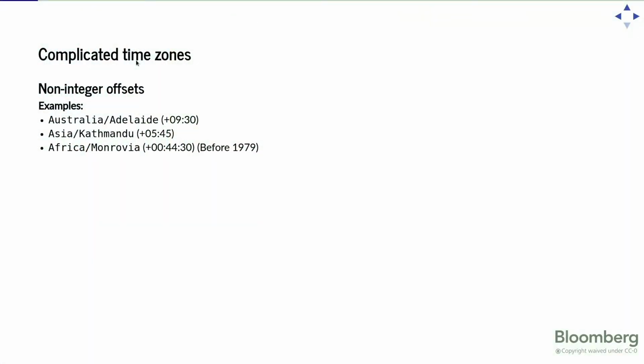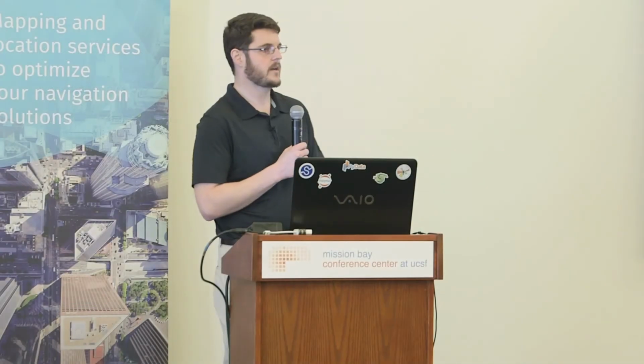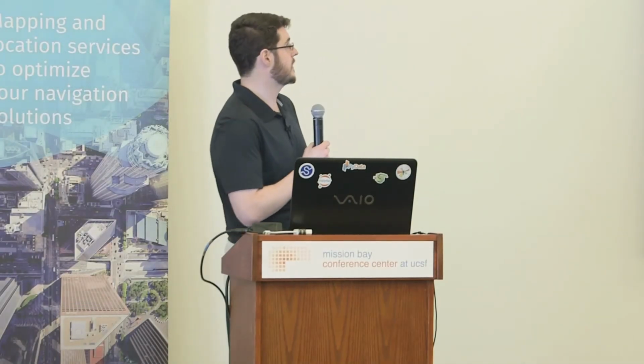All right, now this is probably everybody's favorite part, where I go through all the crazy things that people get up to with their time zones. We'll start off slow with non-integer offsets. You've probably heard about these. There are places in Australia with offsets that are half an hour off from UTC, or some multiple thereof.